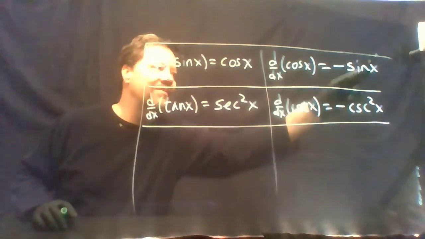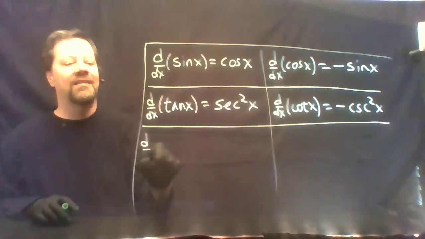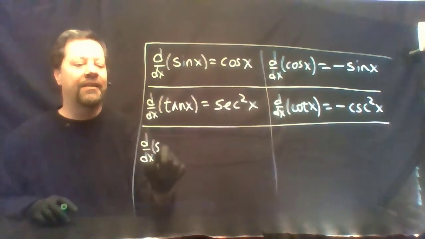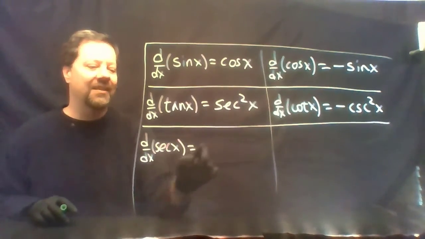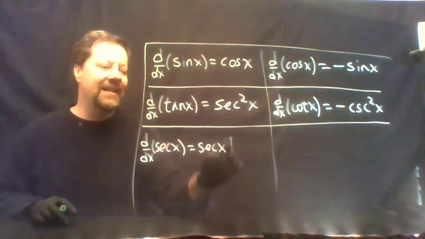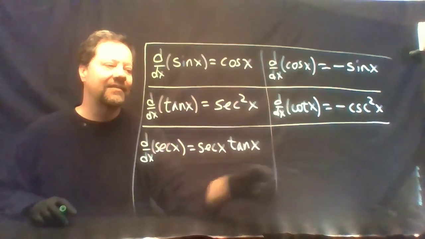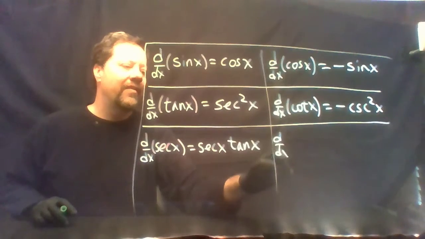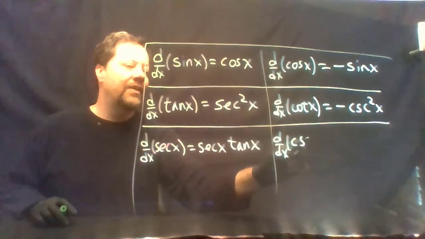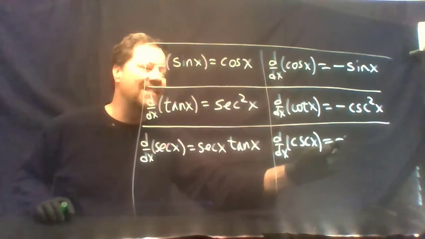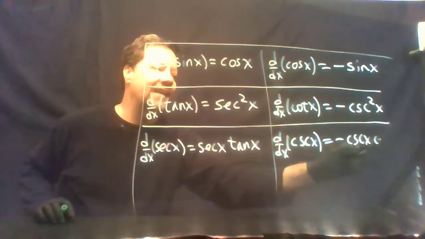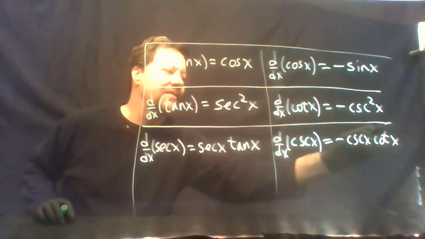One more row. The derivative of secant x is secant x tangent x. The derivative of cosecant x is minus cosecant x cotangent x.